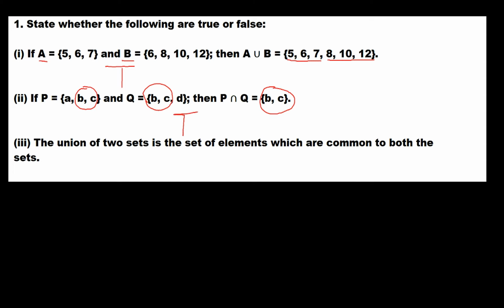The last question of the set says, the union of two sets is the set of elements which are common to both the sets. I'll give you a second to think about that one. Is that true?